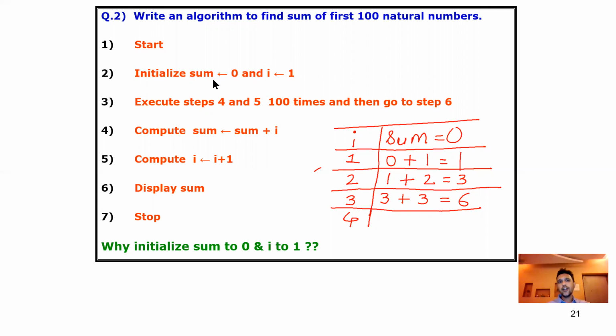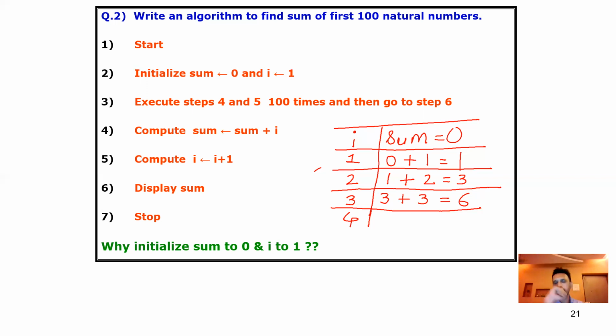Now this question is interesting. Why was sum initialized to 0? So listen, now I will ask you a question. If you answer this question, that means you are very attentive. Let's say I initialize sum to 78. We need to initialize it to some value, so I initialize it to 78.